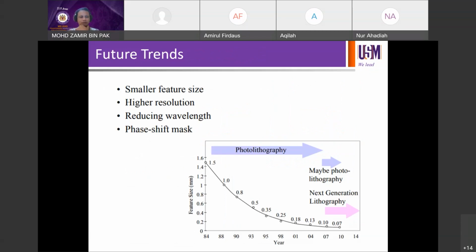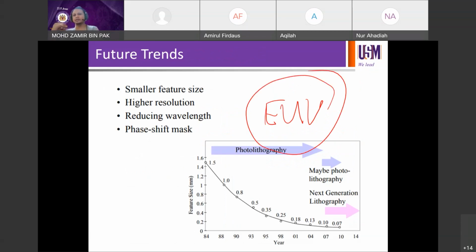Okay. In future trends, when I talk about future trend, it's referring to NGL, next generation lithography, but we've discussed a little bit on EUV, which represents the current trend. So NGL including EUV, smaller feature size, higher resolution features, reducing wavelength, PSM, and other optical technique you want to incorporate in order to make sure that your printed patterns are good.